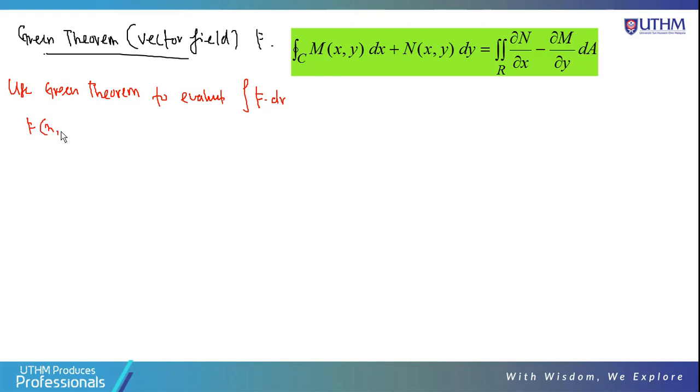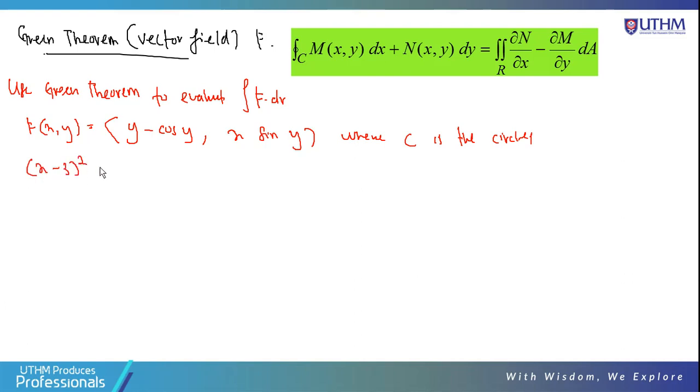The given vector field F(x,y) equals y minus cos y, x sin y, where C is the circle (x minus 3) squared plus (y plus 4) squared equals 4, oriented clockwise.